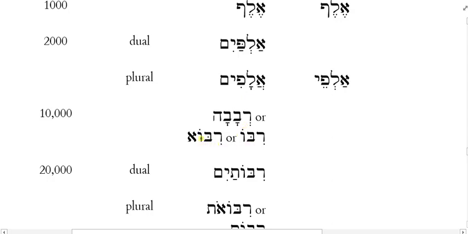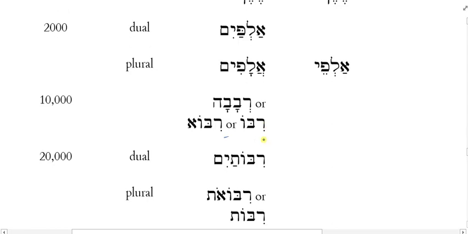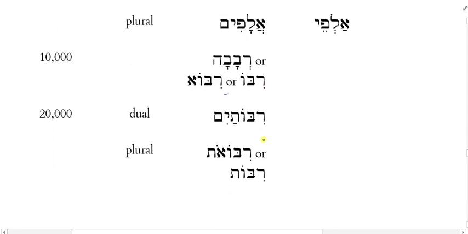Or the aleph could be missing, or ribo. Okay, so that's 10,000. And if I want to say 20,000, it's ribotayim. Right? A double of 10,000 is 20,000. And the plural of 10,000, so 10,000s, is riboot. Or the aleph could be quiescent and missing, and it would be ribot. Okay, great.